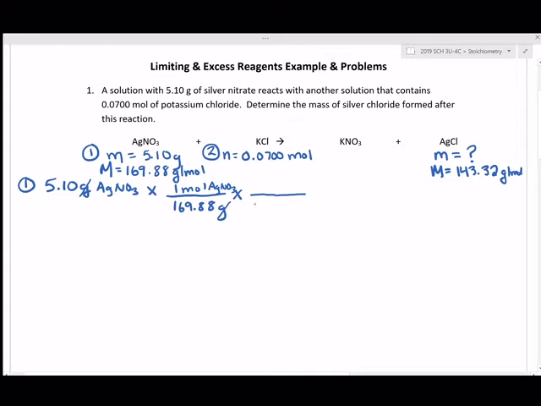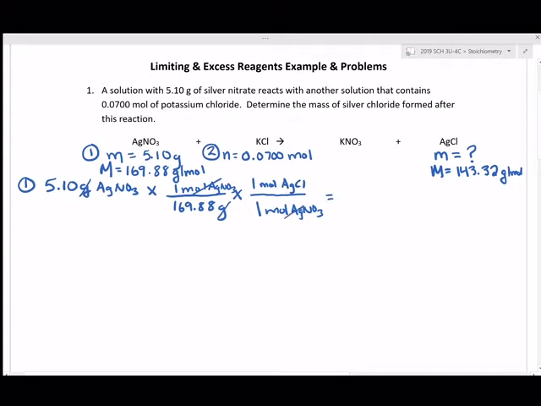So it seems pointless, but it's not. You put 1 mole of silver nitrate on the bottom and 1 mole of silver chloride on top. And this step is going to allow us to change from talking about silver nitrate into talking about silver chloride, because these are going to cancel.